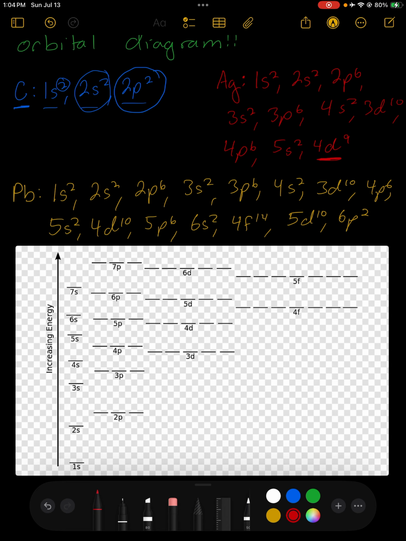So what I'm going to do is I'm going to go through the full configuration and draw out the orbital diagram, and I'll cross it out as I go. First one I'm going to do is 1s2, an up and a down arrow.